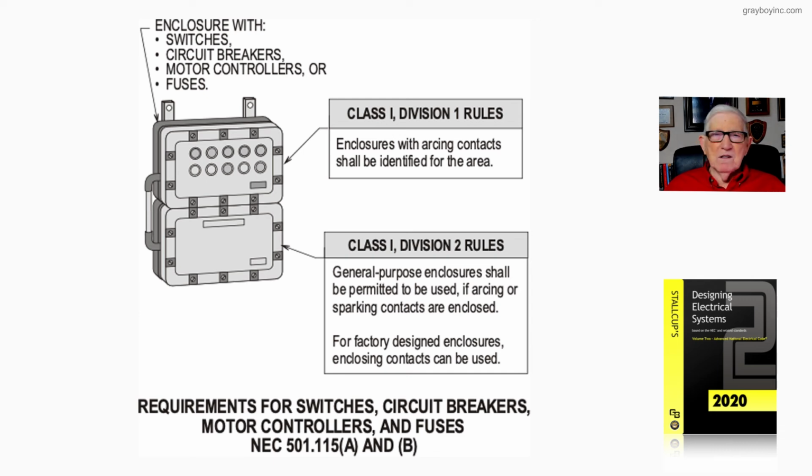But that's what this illustration and this figure is illustrating: the requirements for switches, circuit breakers, motor controllers, fuses, and those types of devices. What type of enclosure do they have to be enclosed in? And that's what this illustration is illustrating to the user of the NEC.